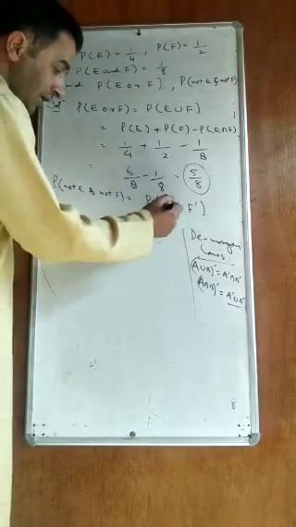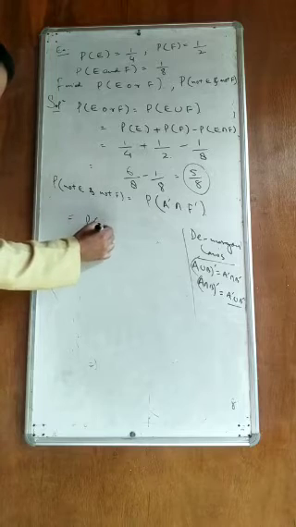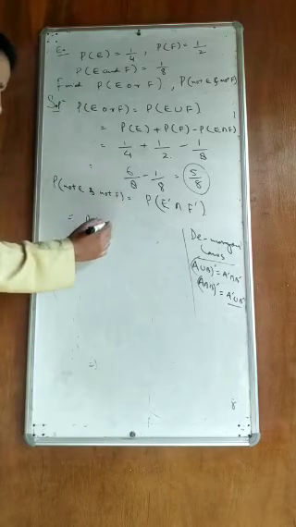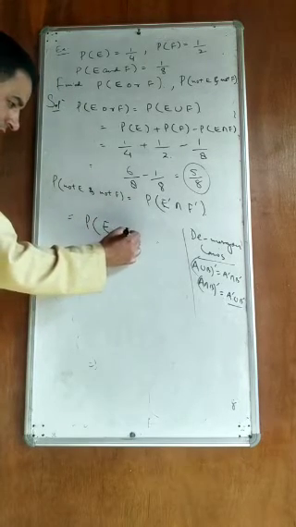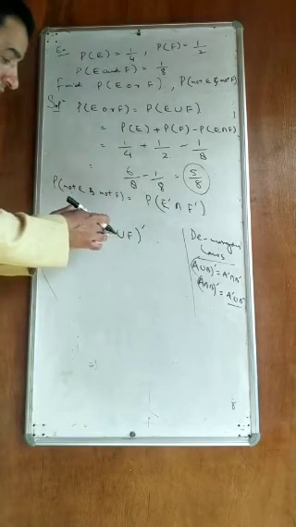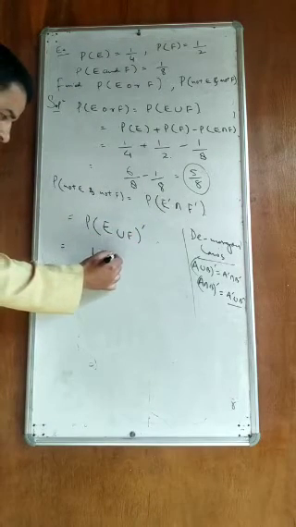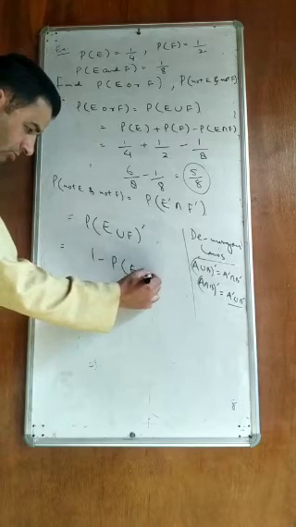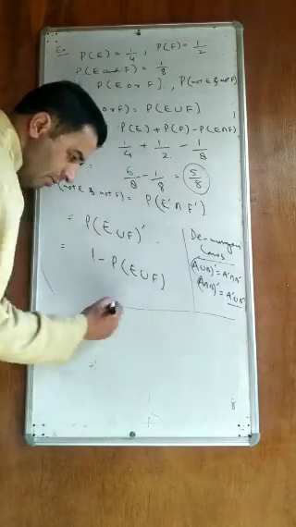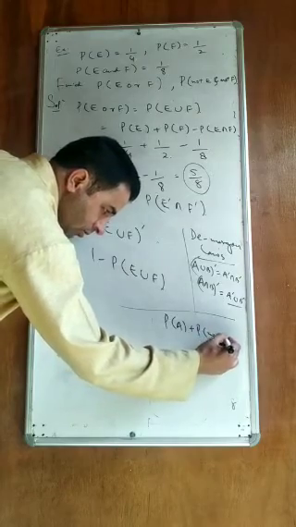So here probability of E complement intersection F complement, can I write it as probability of E union F whole complement. This is probability of not E union F, which is 1 minus probability of E union F, because we know that probability of A plus probability of not A is always equal to 1.